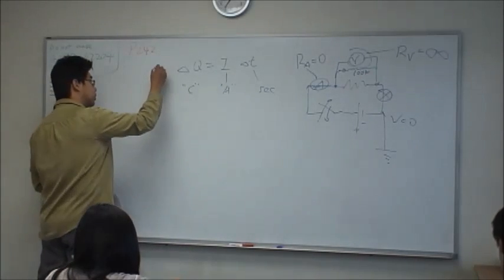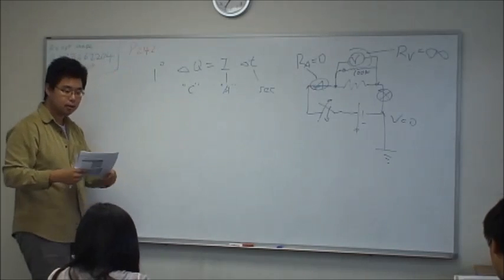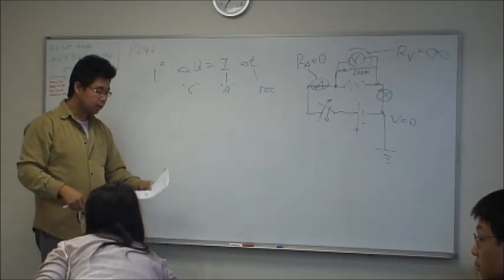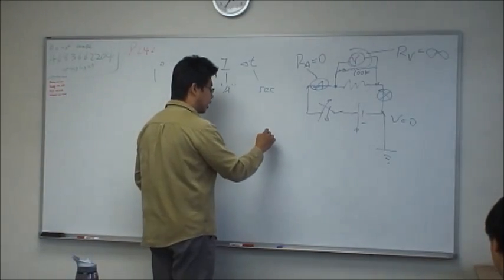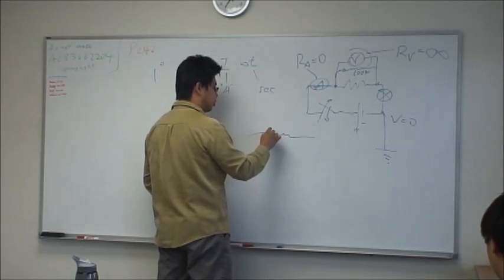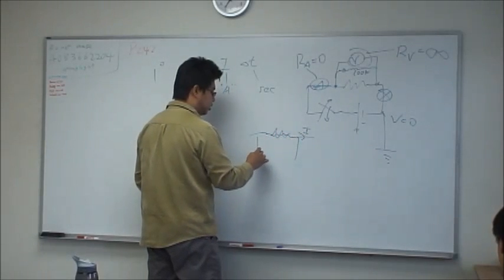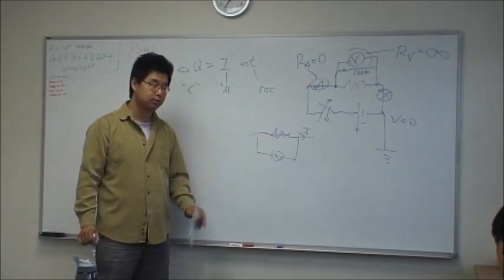Here we have the first equation: at certain time with certain current we will move certain charge. Next thing is that if we pass a certain amount of current through this resistance, there will be a voltage drop across this resistance.